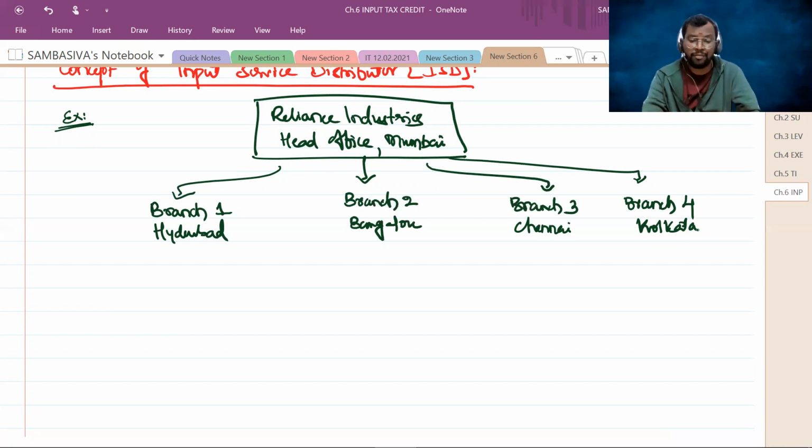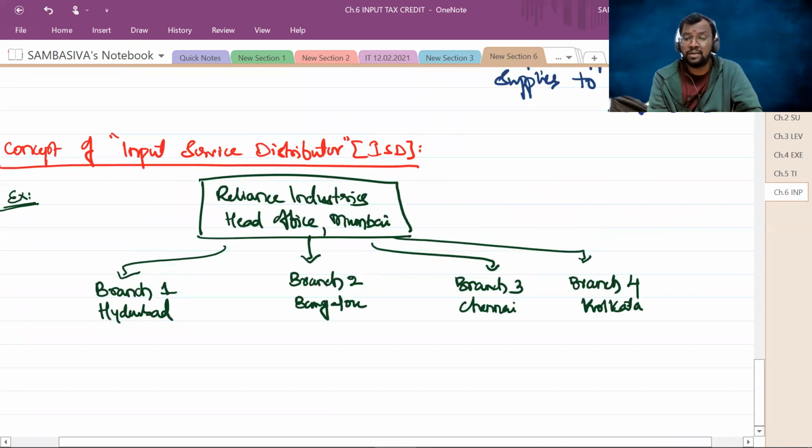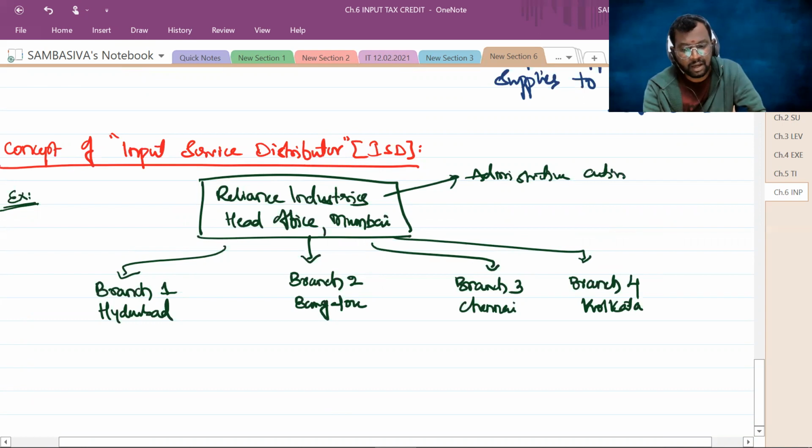In the head office, what activities will be undertaken? Generally, in the head office only administrative activities happen.